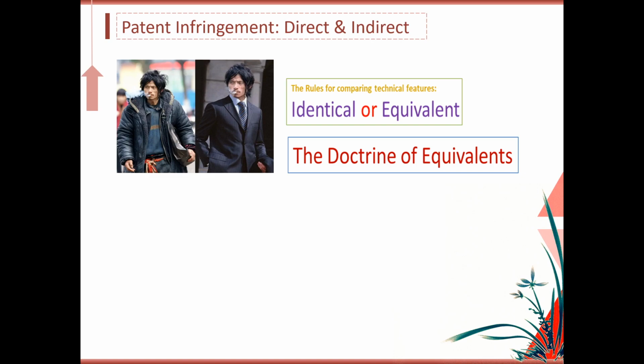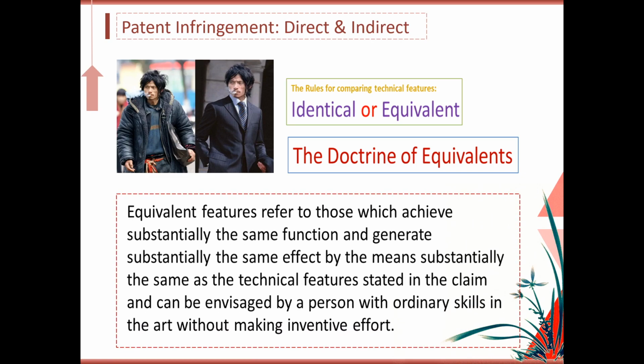Equivalent features refer to those which achieve substantially the same function and generate substantially the same effects by means substantially the same as the technical features stated in the claim and can be envisaged by a person with ordinary skills in the art without making inventive efforts.